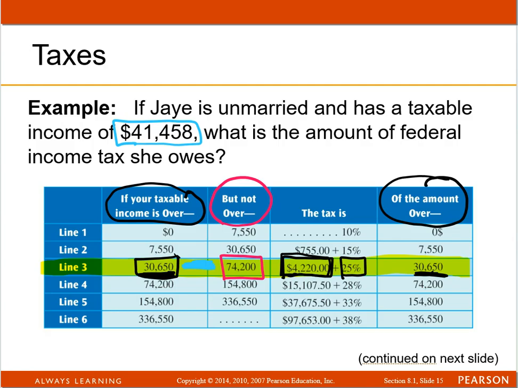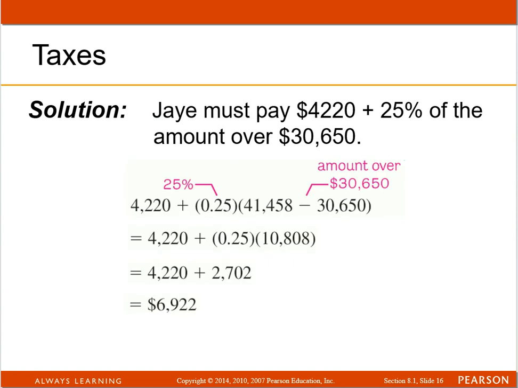So Jay, the first step we're going to have to do is figure out how much money over she makes. So they kind of did it all in one thing here, because it says she's got to pay this amount of money plus 25% of the amount over. If you subtract her yearly income minus the low end of $30,650, she makes $10,808 over the $30,650.